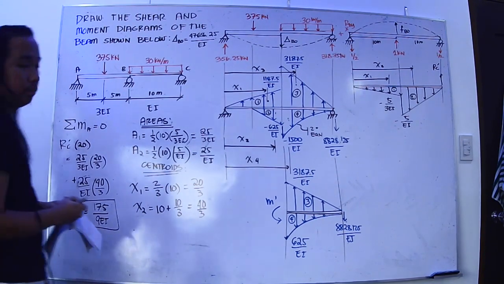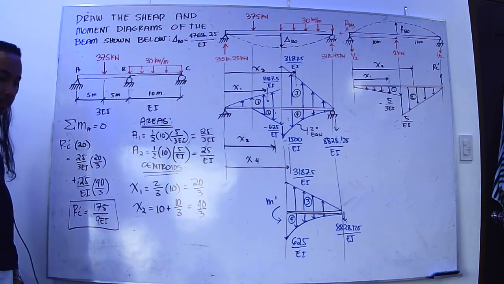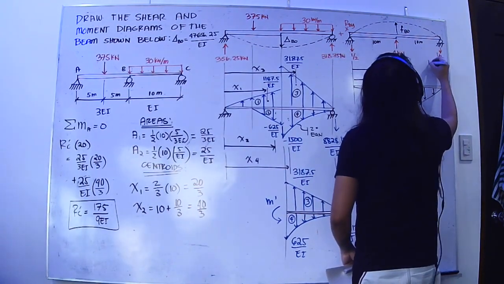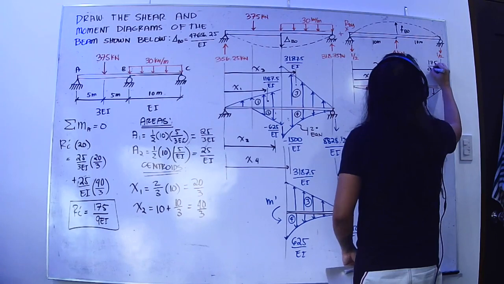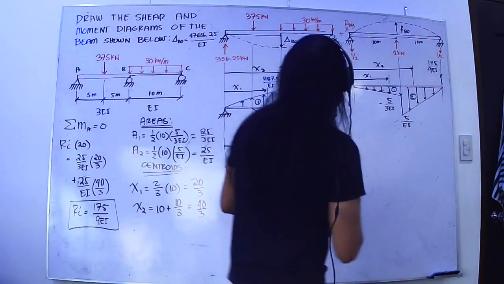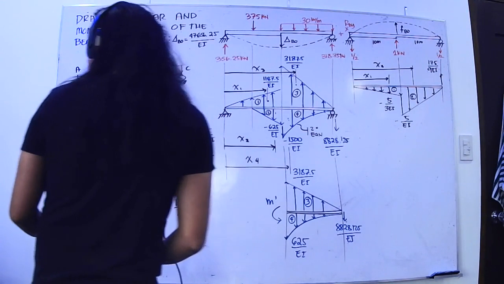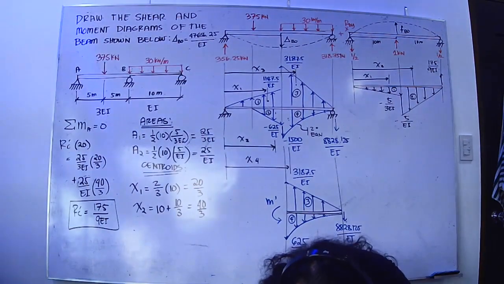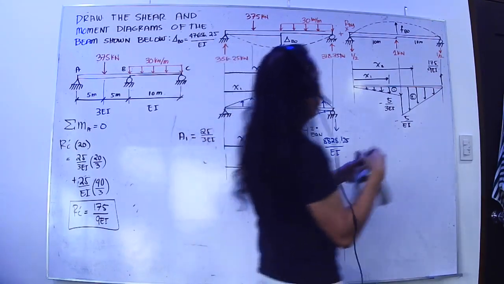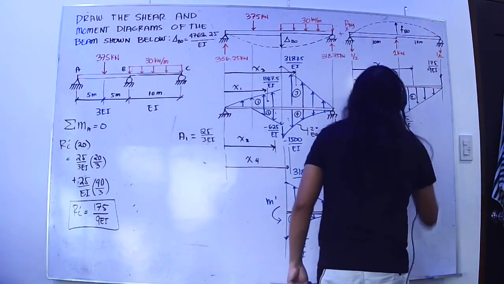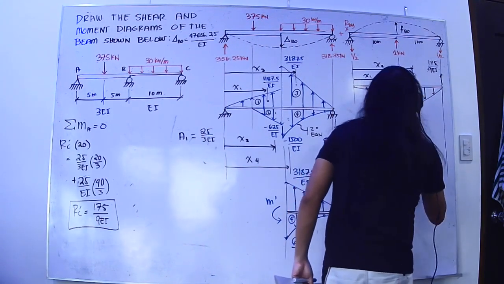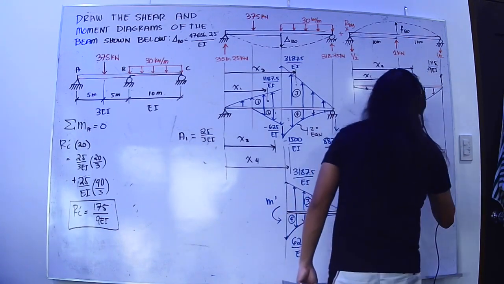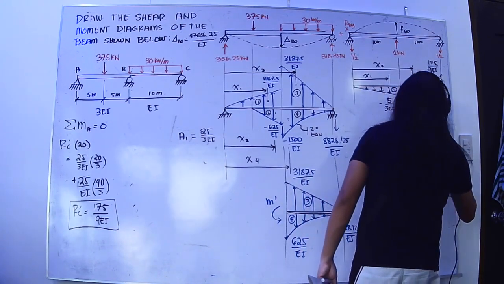Okay. Allow me to make some space. Let's continue. I'll make a cut here. We're still going to use the conjugate beam method for this.